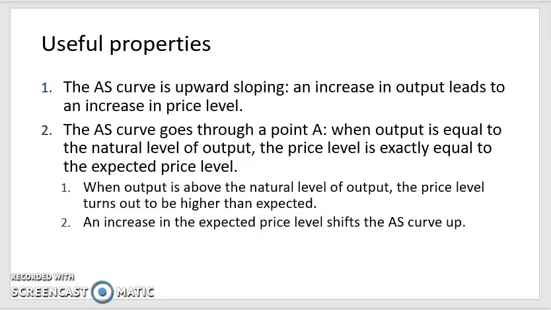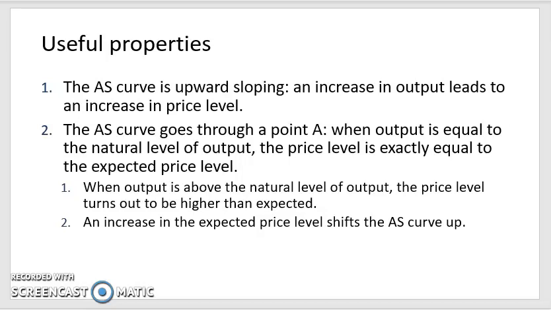The AS curve is upward sloping, which shows that an increase in output leads to an increase in the price level. So the aggregate supply curve tells us that there's a positive relationship between price and output. The aggregate supply curve goes through the point in equilibrium where output is equal to the natural level of output and the price level is exactly equal to the expected price level.